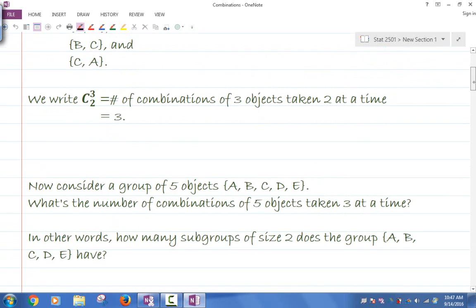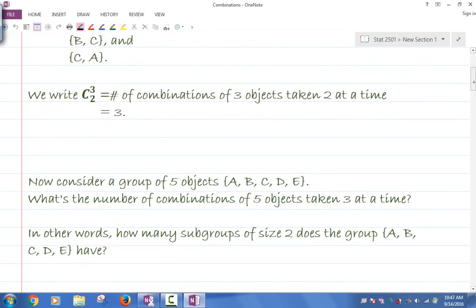So generally speaking, let me just end by saying this. If you have n objects, then what is a combination of n objects taken k at a time? It is just a subgroup of size k.